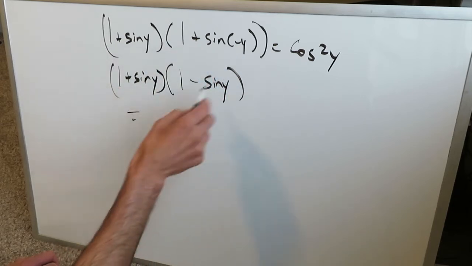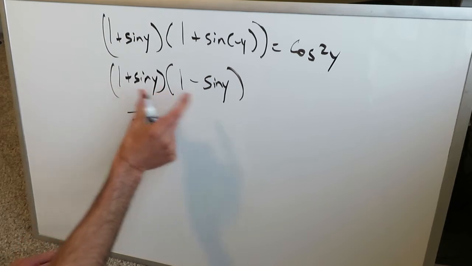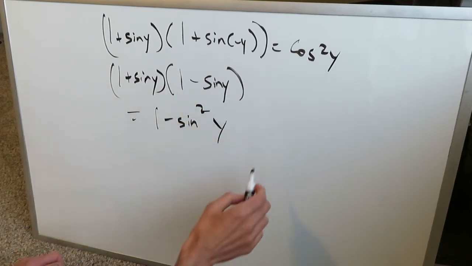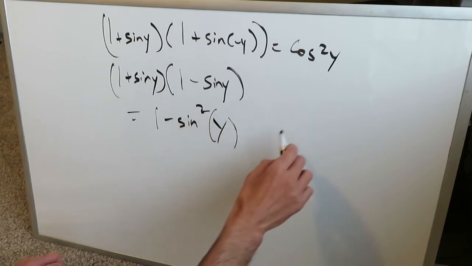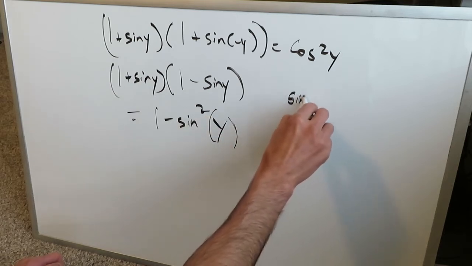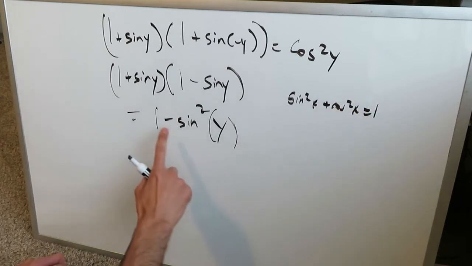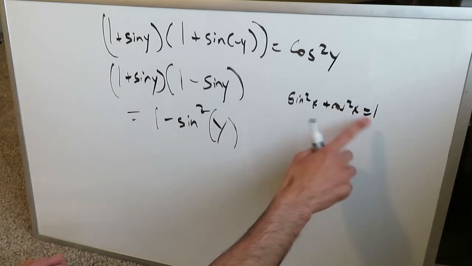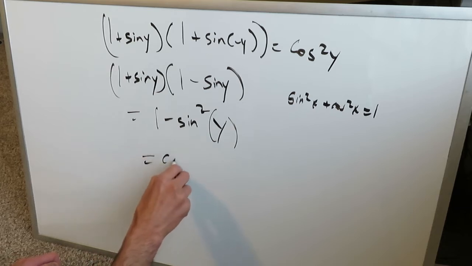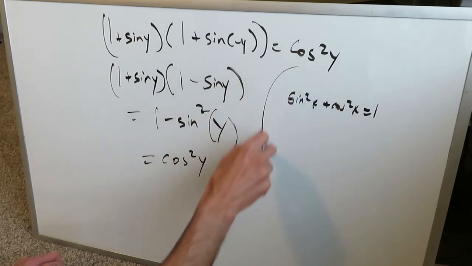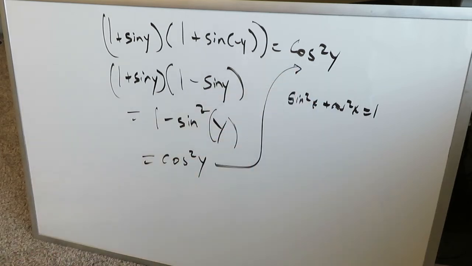If you just do the multiplication, these are basically conjugates. You'll end up with 1 minus sine square y, based on the trigonometric identity where sine square x plus cosine square x is equal to 1. If you solve for cosine square x, you get 1 minus sine square x. So this right here is equal to cosine square y. All of this is equal to this, and that's exactly what you have to show. Right and left sides are now equal.